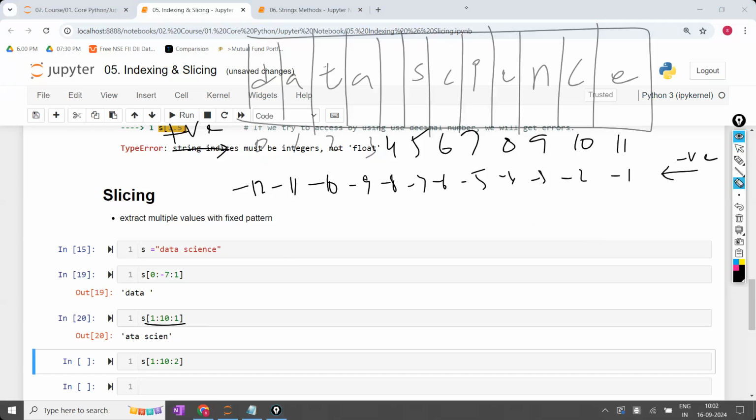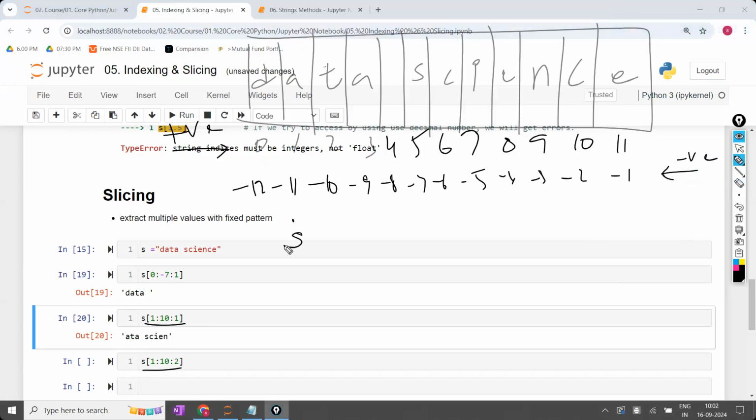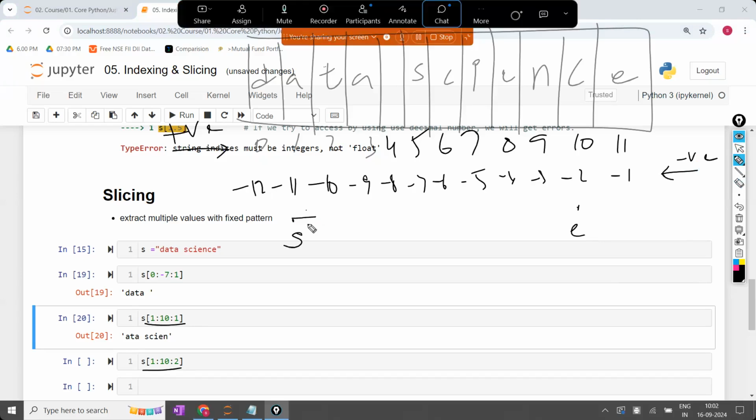Next, with the increment of 2. Manish, is your question clear? Done. Now again, 1. Where is 1? This is the starting point. Where is 10? This is the ending point. What is the direction? +2. Plus symbol only I want. Direction means symbol. Plus.